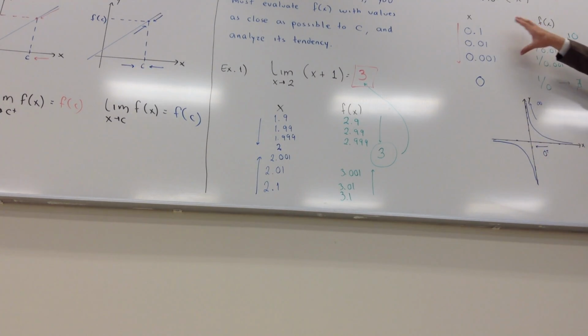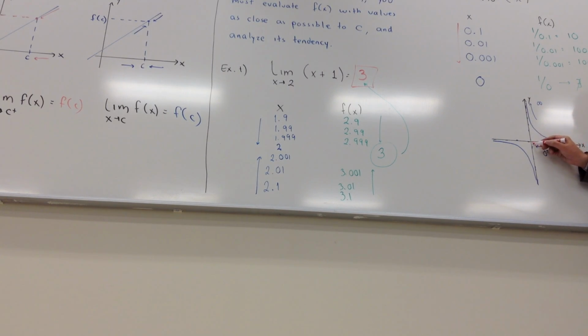For example, let's say that this is the point 1, so the answer is this value. Then closer, 0.01, so the answer is that value. 0.001, so the answer is that value. But when I put the exact value 0, there's nothing as an answer. But if I keep giving values that are closer and closer to 0, without being 0, the graph is all the way up. That's what this represents.